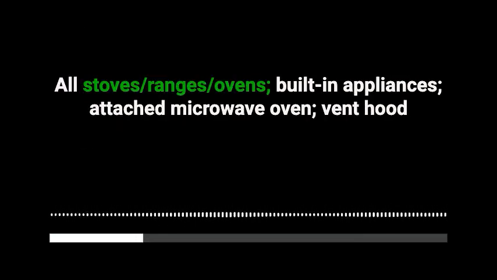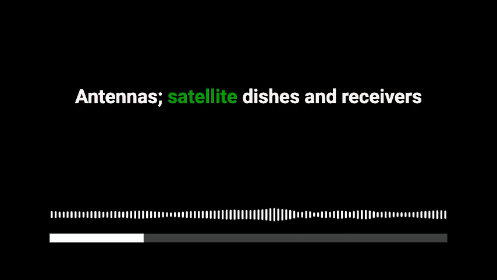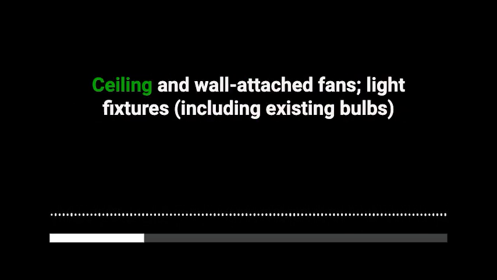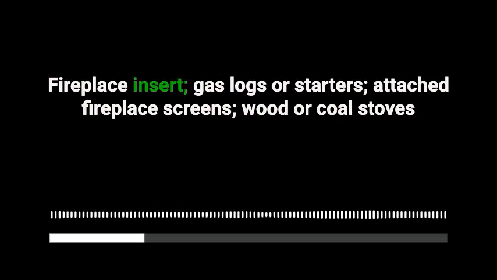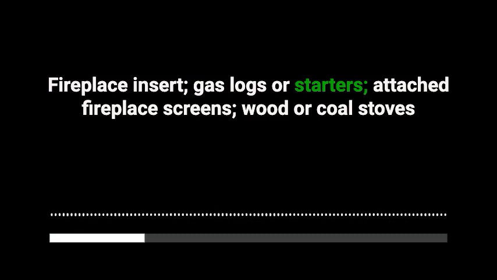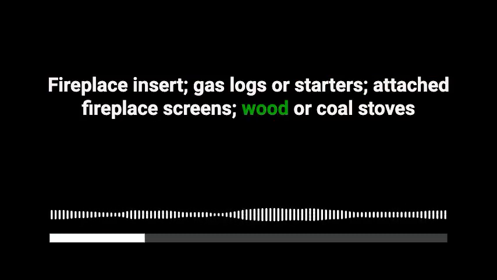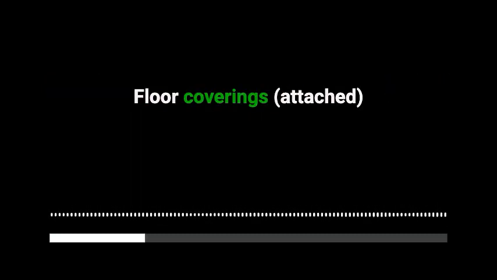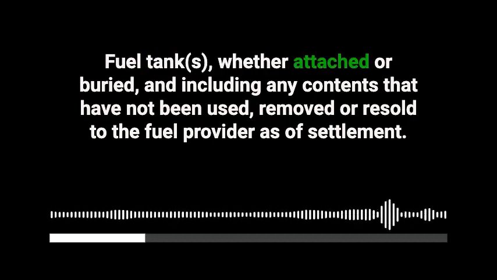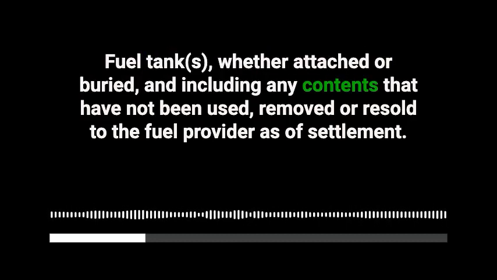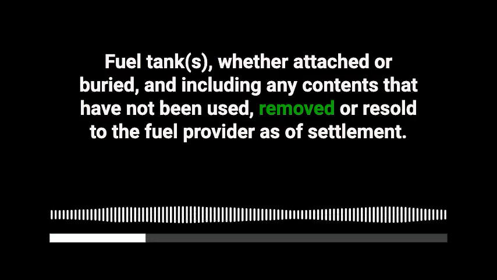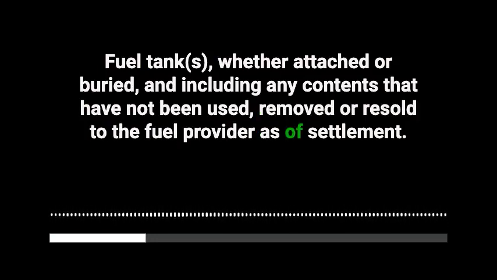All stoves, ranges, ovens, built-in appliances, attached microwave oven, vent hood, antennas, satellite dishes and receivers, basketball goals and play equipment, ceiling and wall-attached fans, light fixtures, fireplace insert, gas logs or starters, attached fireplace screens, wood or coal stoves, floor coverings, fuel tank, whether attached or buried, and including any contents that have not been used, removed or resold to the fuel provider as of settlement.